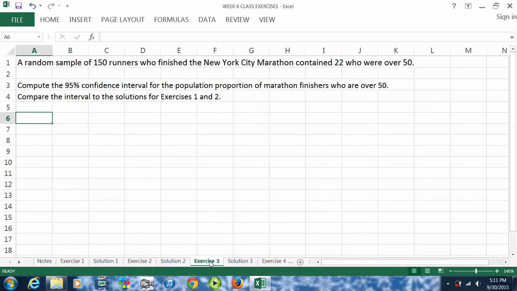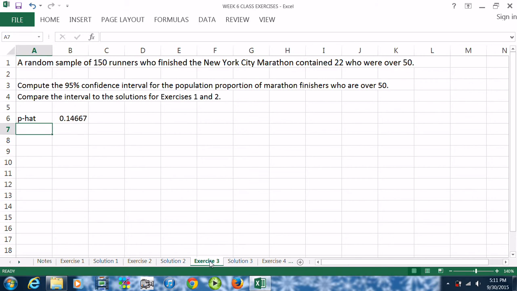So let's look at the confidence interval here and see why we couldn't support a less than 20% or a greater than 10%. What we need is our sample statistic P hat, and that is the 22 divided by 150.